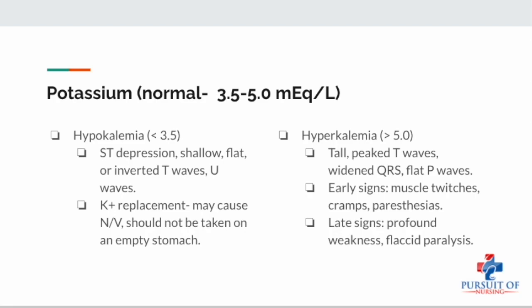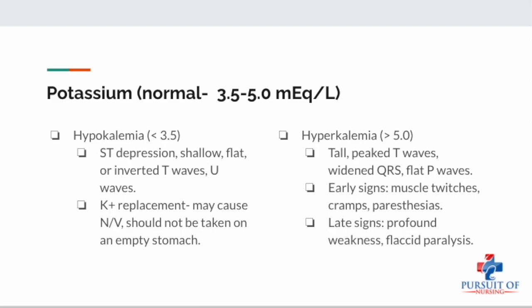In comparison, when you have hyperkalemia, potassium greater than 5, your EKG is going to show tall, peaked T waves, a widened QRS, and flat P waves. There are early signs and late signs of hyperkalemia. Your early signs are muscle twitches, cramps, paresthesias, whereas your late signs are profound muscle weakness, kind of just flaccid paralysis.